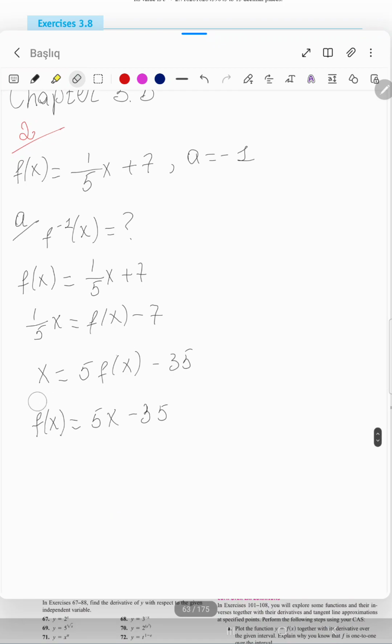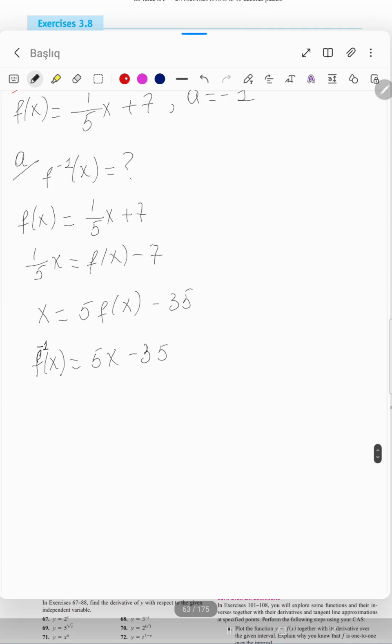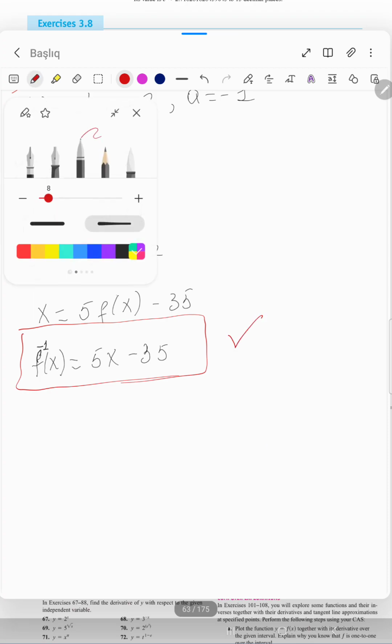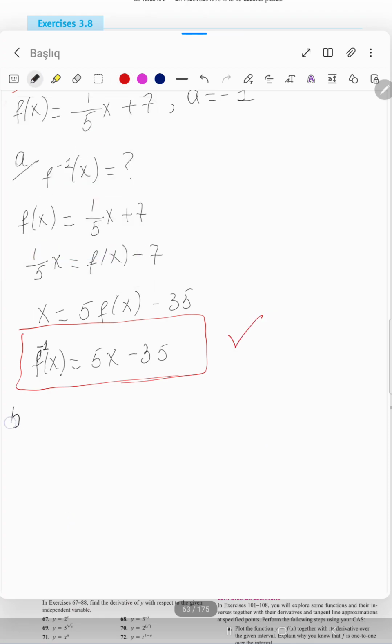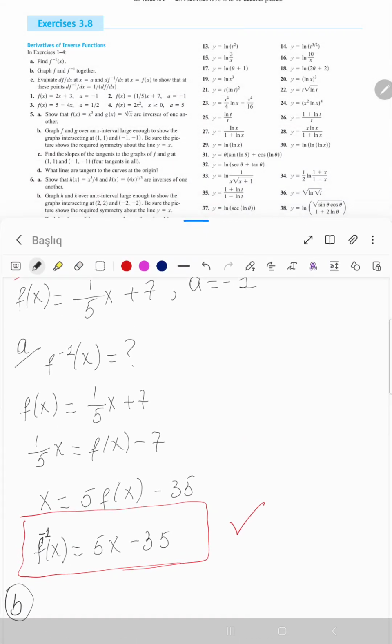Minus 1. Here's our inverse function. Nice, we found it. Done. Let's see B: graph f and f inverse together.